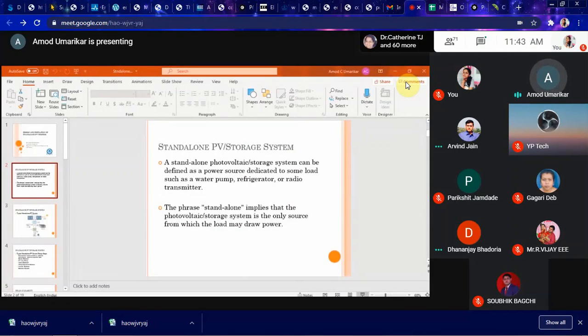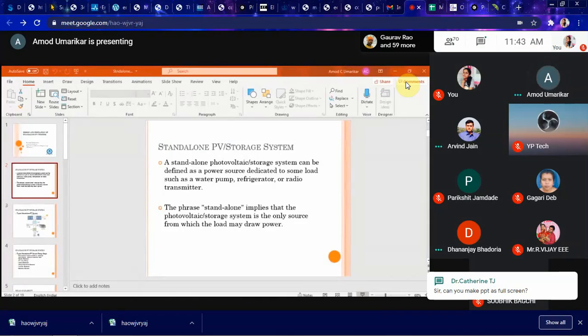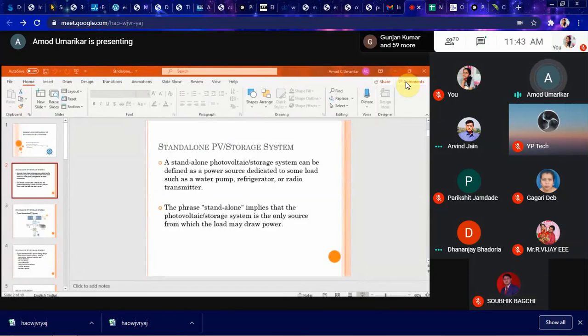But of course there needs to be storage, because most renewable energy sources are intermittent. They are available sometimes and not available sometimes. Hence, we have to take some storage elements to support the load whenever the source is not there. So there are a lot of design issues we have to study when we combine photovoltaic and storage, and that is called standalone. The other term is grid connected.